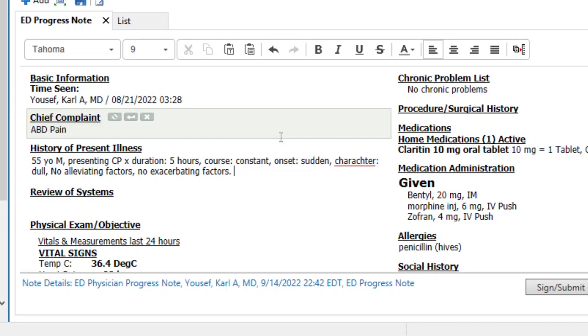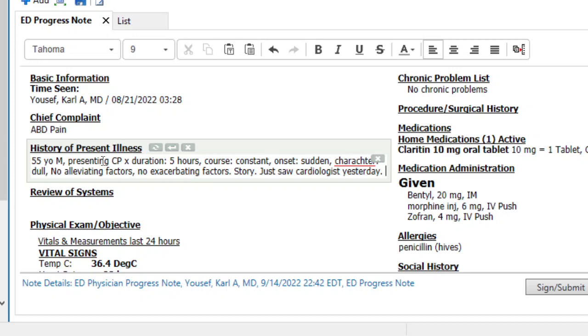Whether you are typing your HPI or you are verbalizing your HPI, it should follow a system. Place your modifiers up front, and then you can put a little story out here. You know, just saw cardiologist yesterday, okay? But the point of this is systemization, and I want that to be the focus.